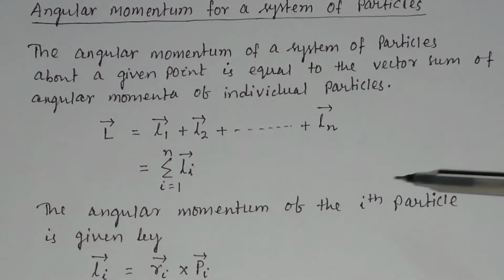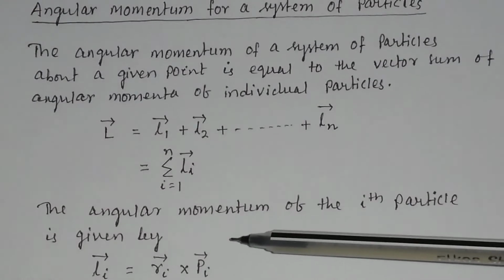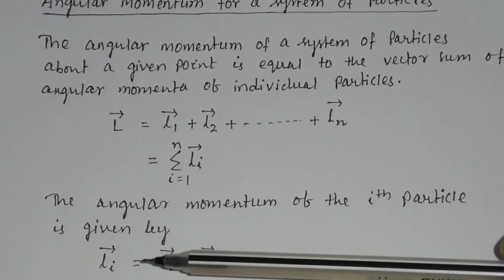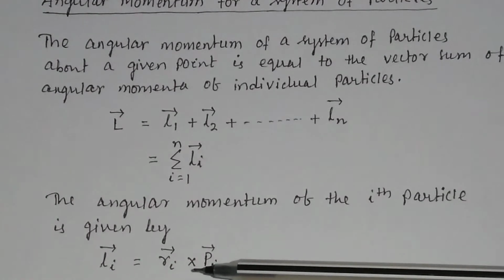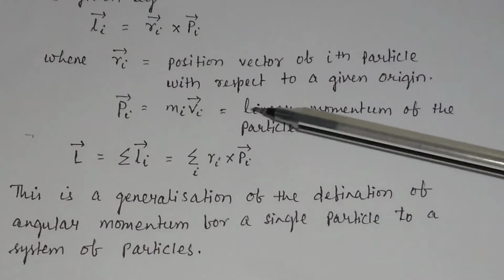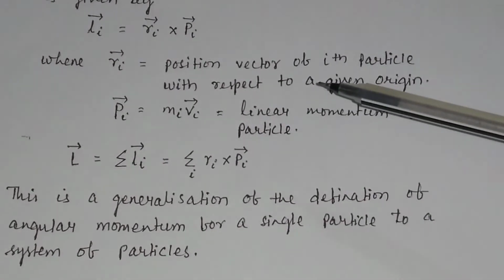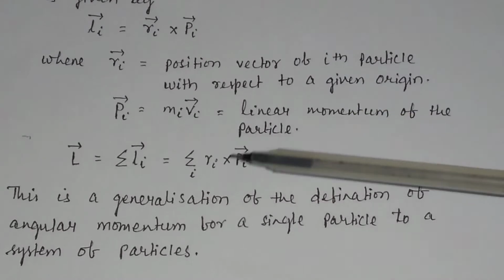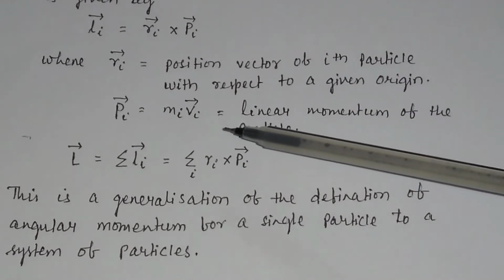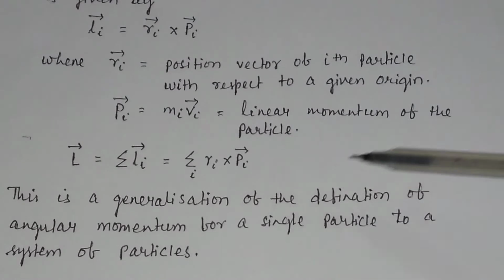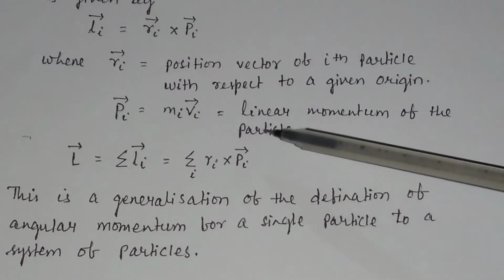And if you define the angular momentum for the ith particle, you will write Li equals Ri cross Pi, where Ri is the position vector of the ith particle with respect to the given origin, and Pi, which is equal to Mi Vi, is the linear momentum of the ith particle.